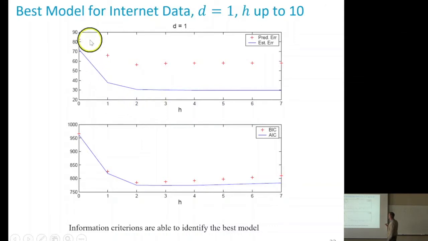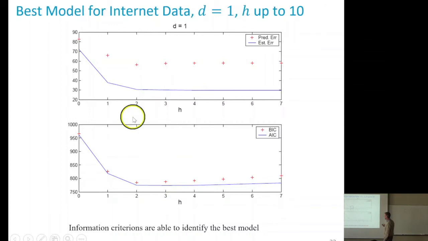I'm showing the prediction error using reserved data versus the estimation error, and we see the best model is for h equal 2. I can now do a similar thing by combining those two, by computing either of those information criteria. In blue is Akaike's information criterion, in red is the BIC.